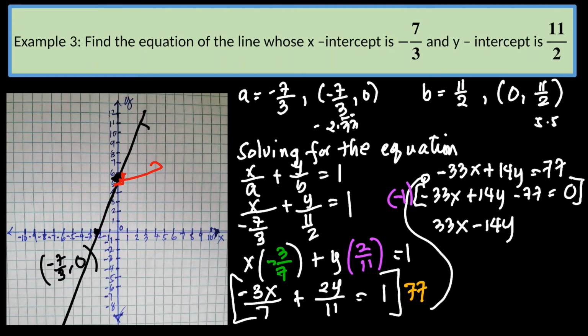And negative times negative, that will give us positive 77 equals 0. Alright, so this is the equation of this line. Okay, so let's write that. 33x minus 14y plus 77 equals 0.